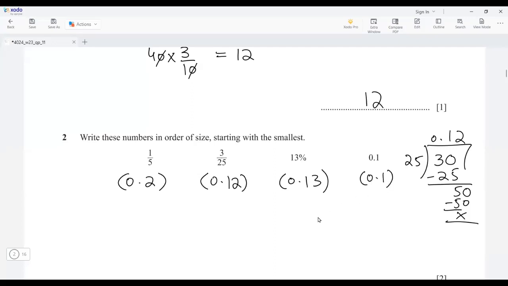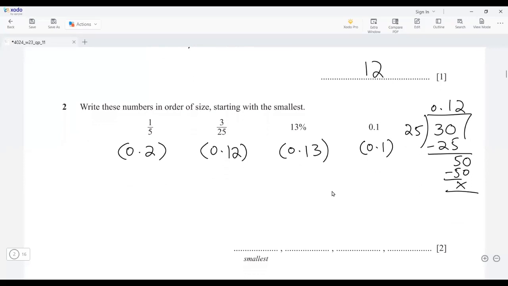So which one is the smallest among all of these? You have to write down the numbers as given in the question, not the decimal forms. So we have 0.1 as the smallest number, written as it is. What about the next number?